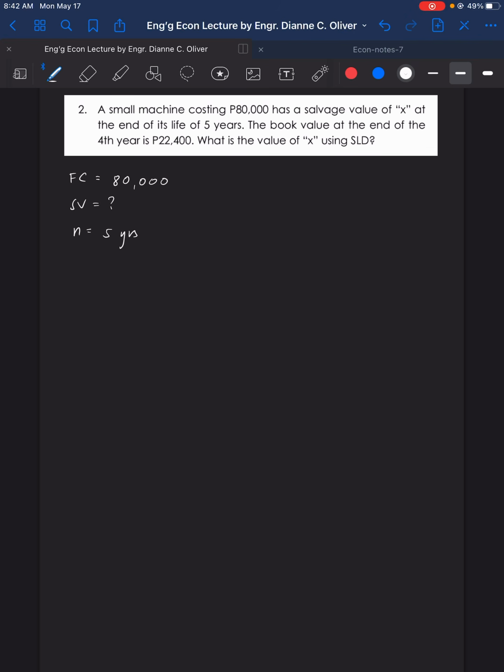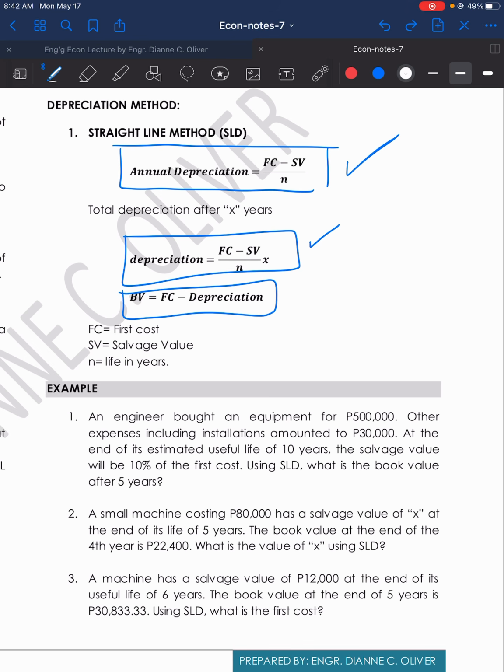Then the book value at the 4th year is equal to 22,400. So if you were using this formula here, the 4th year there will become the X.